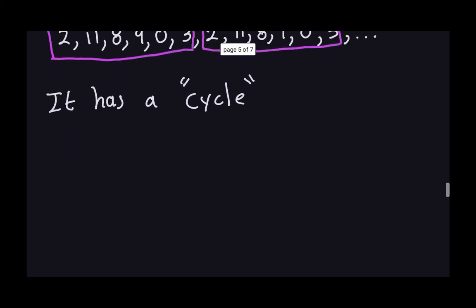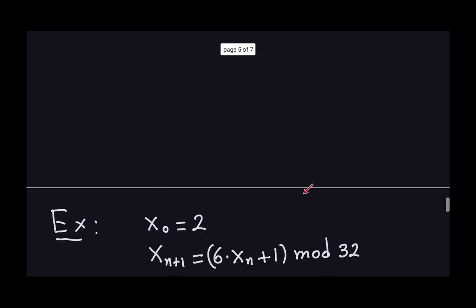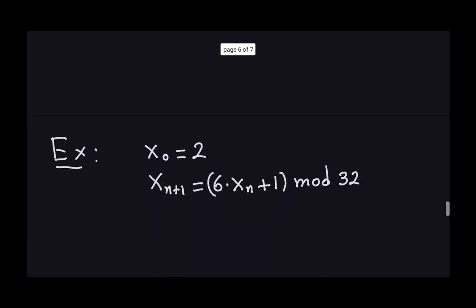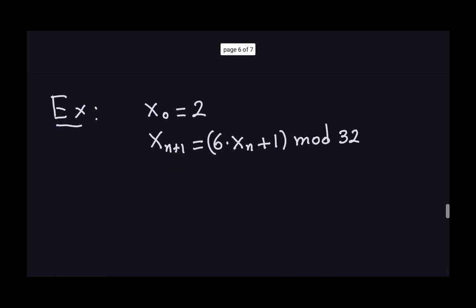The other thing that could happen is something similar to what happened in the middle square method. Remember that middle square got stuck in a number, for example 0, 0, 0, and didn't go anywhere from there. For some choices of a, b, m, and the seed, you're going to get stuck in a number.